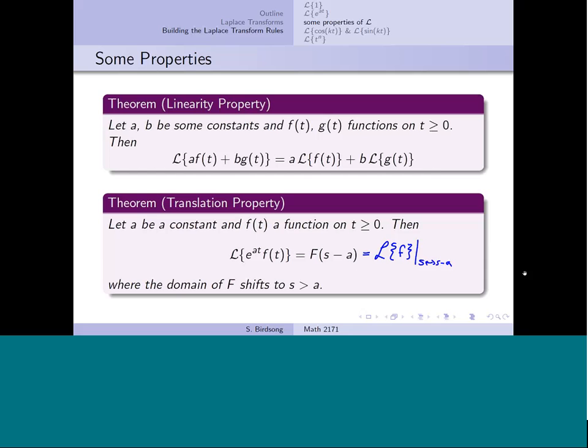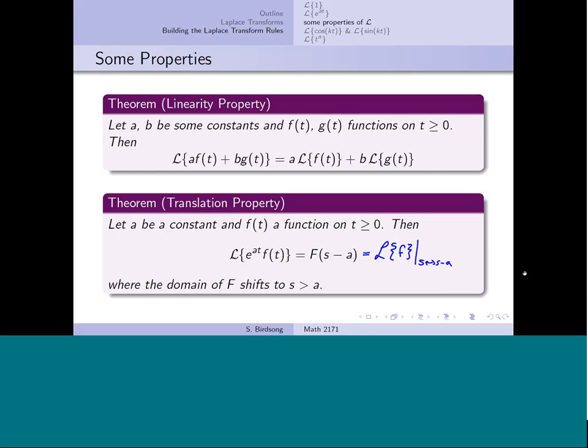Notice what also is going to happen when you shift it or you do a change of variables. This is the same thing in algebra where you move your function right, this is t's, so this would be moving it right or left, depending on what a is.